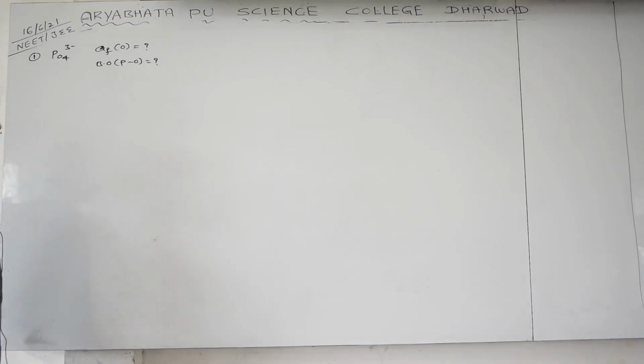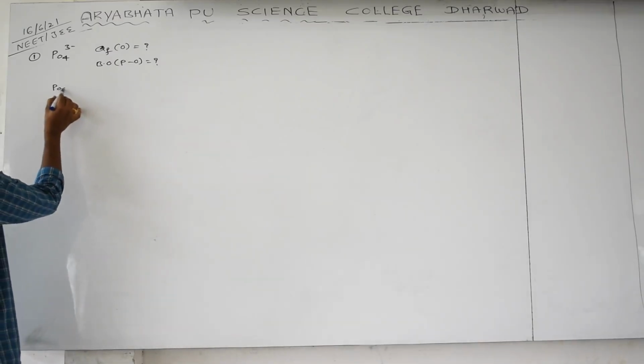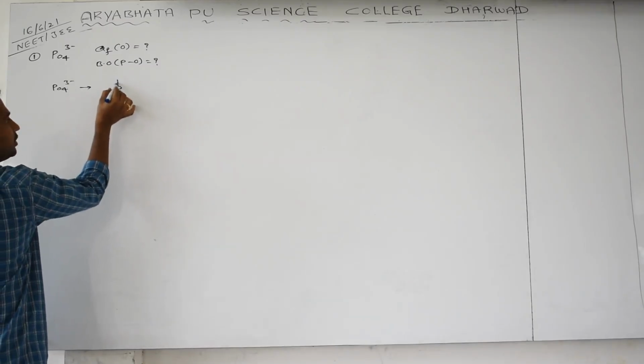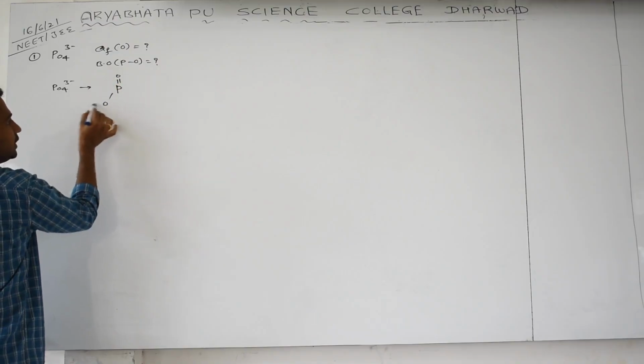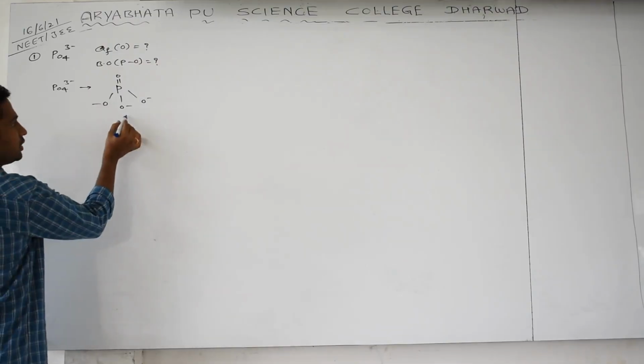What should we do? I already told you this under the resonance concept. If we take PO4 3 minus, we get P double bond O and O minus, O minus, O minus as one resonance structure.